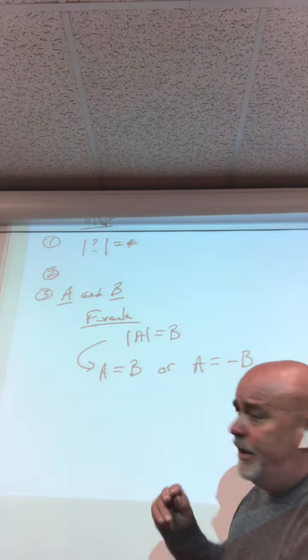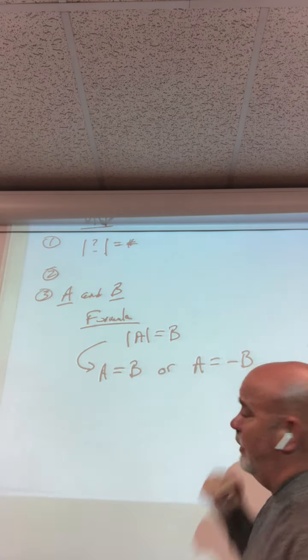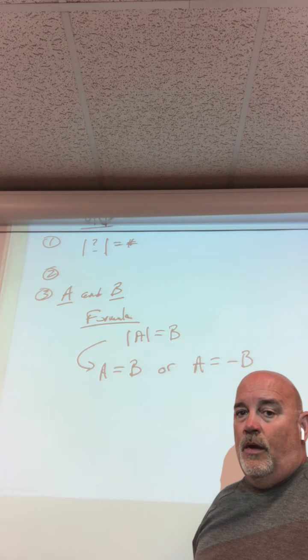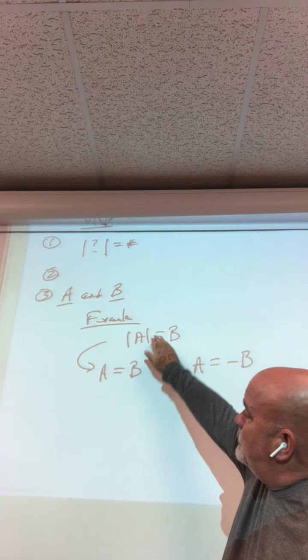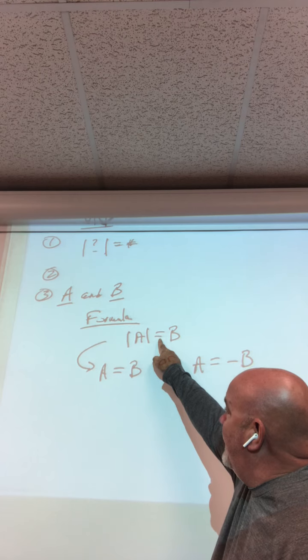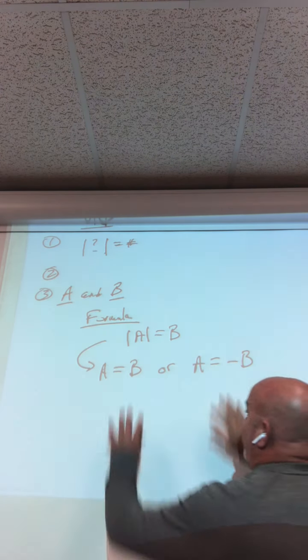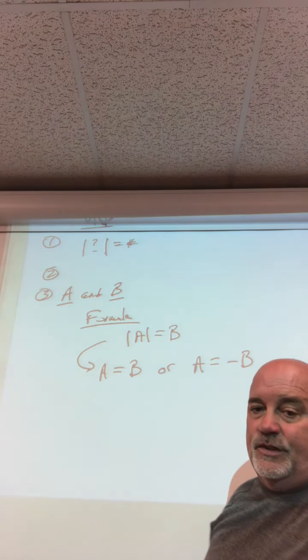The second thing is that when you go from here to here, you don't write the absolute value symbols anymore. This formula enables me to rewrite this without the absolute value symbols. Then I can solve these 2 equations.